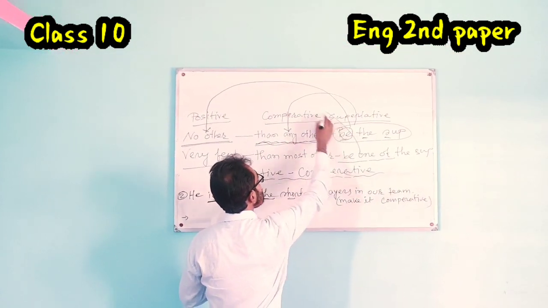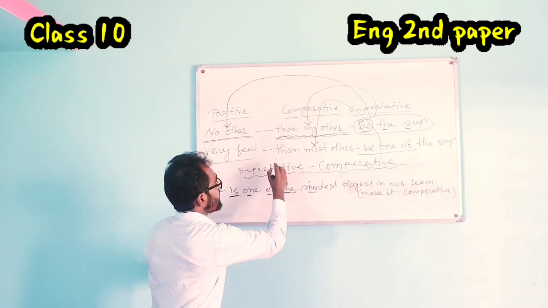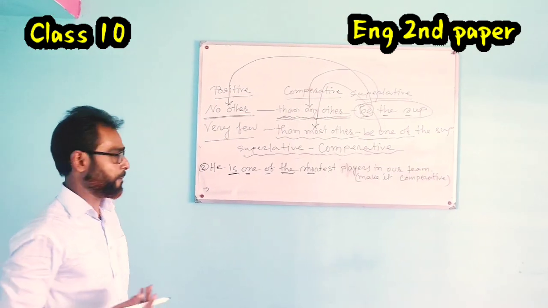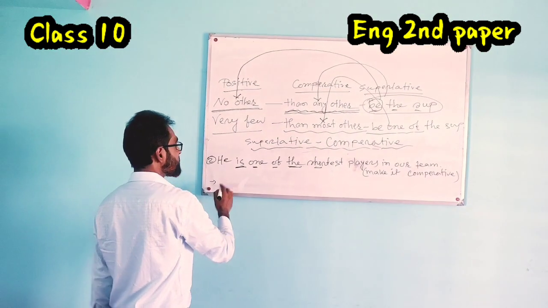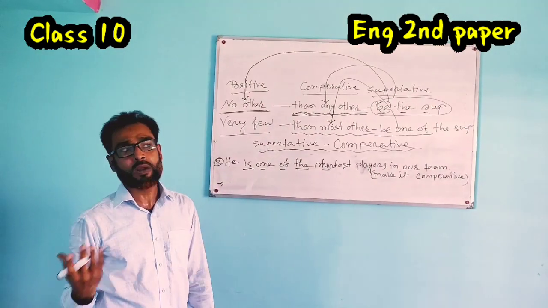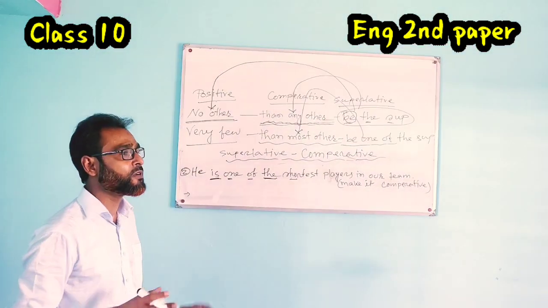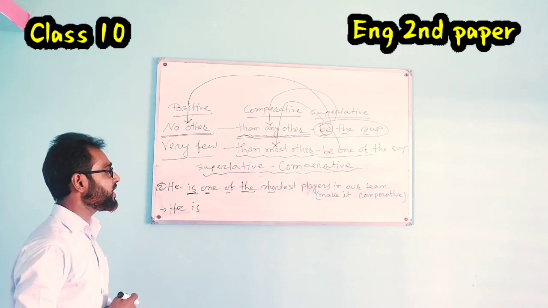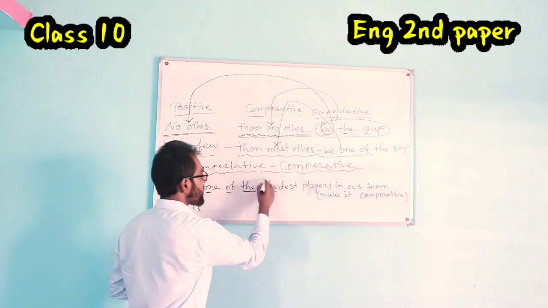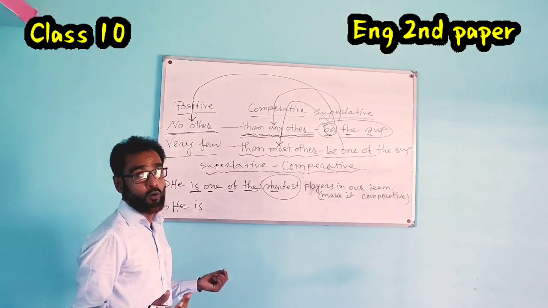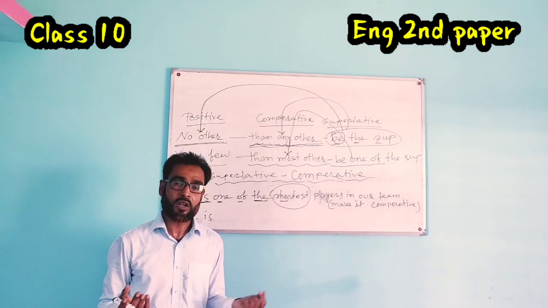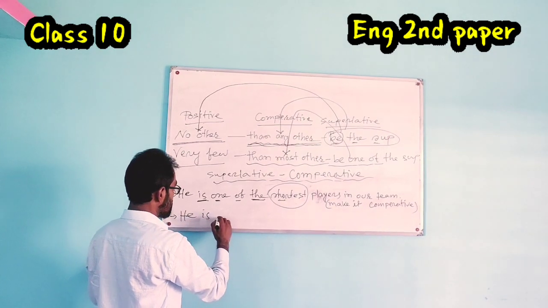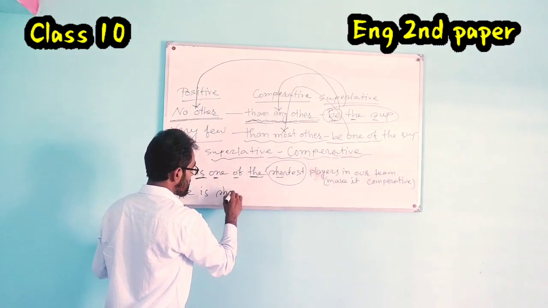Then we have to use "than most other" if we want to transform it into comparative degree. Now as usual, comparative to superlative and superlative to comparative, subject and verb will be same. So he is. Now we need a comparative form of shortest. We know short is positive, shorter comparative, and shortest superlative. So we need shorter here. He is shorter.